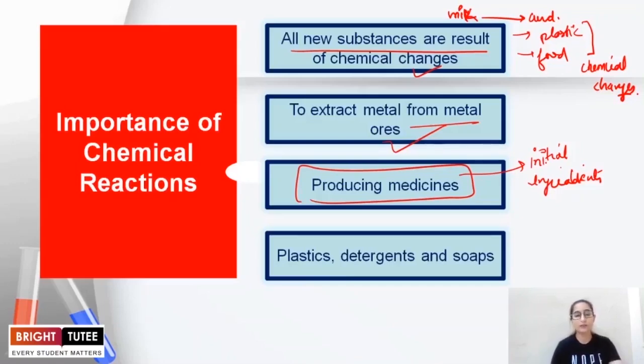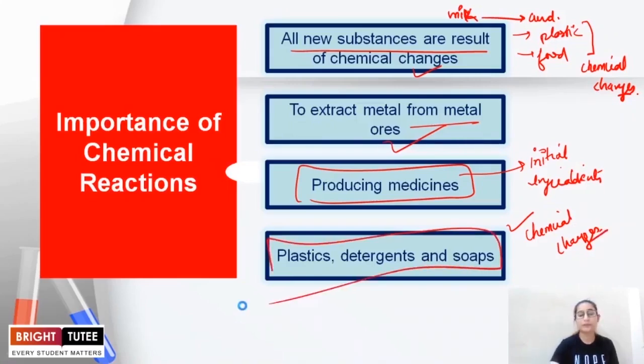So medicines, which are very important for us, are produced due to chemical changes, right? Then plastics, detergents, soaps, all these are also formed due to chemical changes only. All these are formed due to chemical reactions, you can say. So these are very important for us, right? These are simply very important.